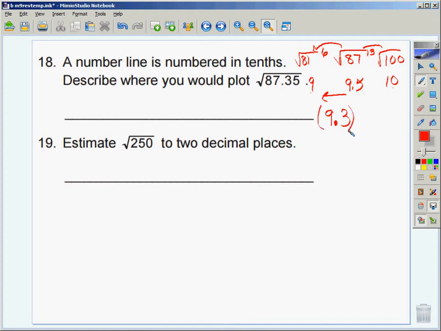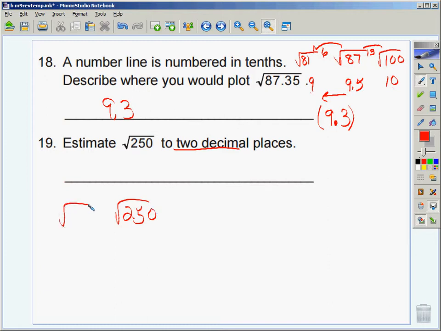It does come out to 9.3 to the nearest tenth. I won't be having you calculate something to the nearest 2 decimal places. But again, remember that when you're estimating a square root, what we're looking for is the square root that's on both sides of this.